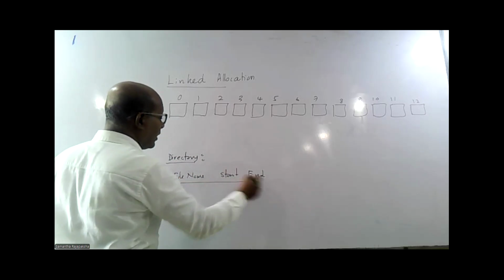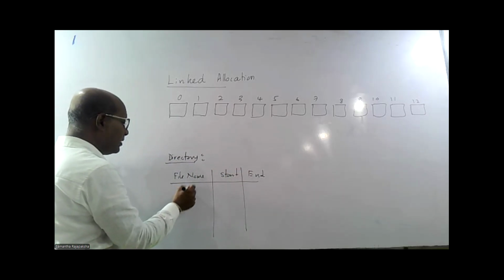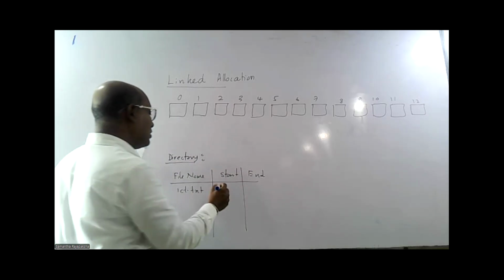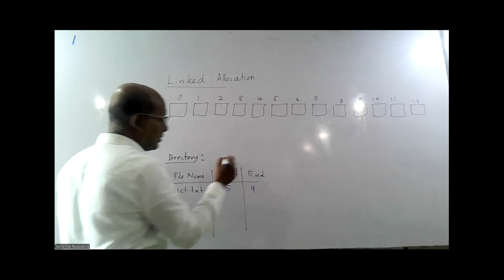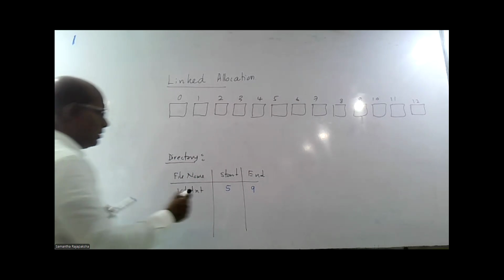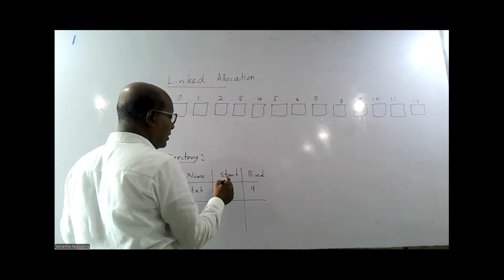Let's see the first file name is IC.txt. We say starting is 5, last one is 9. What do you mean by this? The first block of the file is the fifth one.